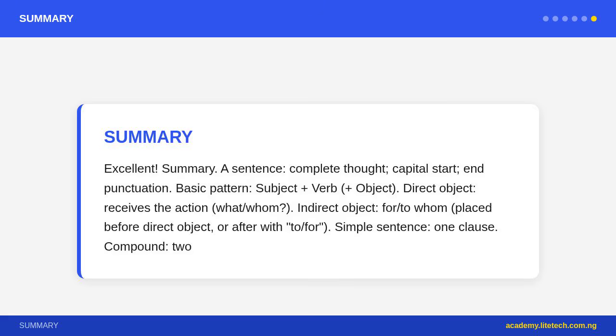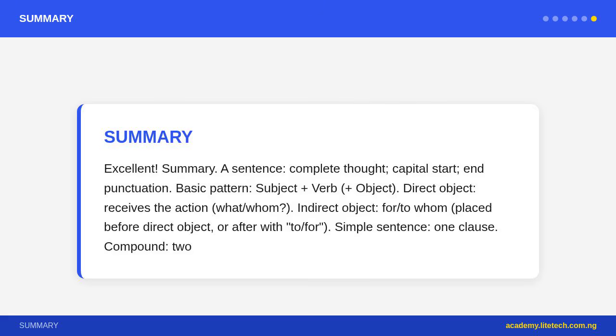Excellent. Summary. A sentence has a complete thought, a capital start, and end punctuation. Basic pattern, subject plus verb plus object. Direct object, receives the action, what or whom. Indirect object, for or to whom, placed before the direct object, or after with to or for. Simple sentence, one clause.